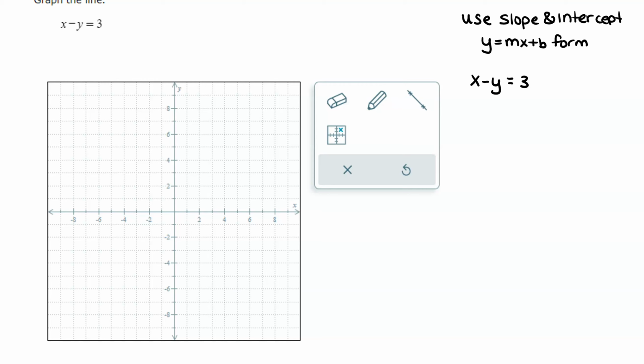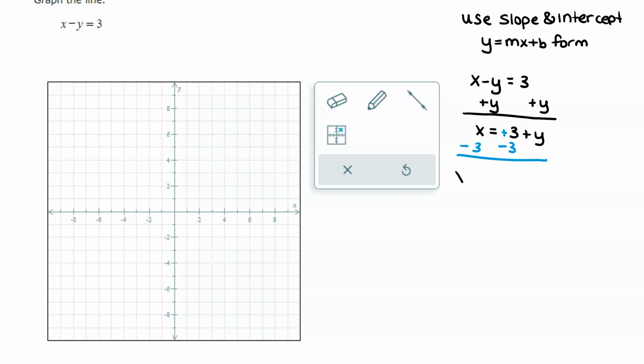Now what most people try to do here is move the x and keep the y on the left. And I don't really like that because the y has a minus with it. So I'm going to add the y over. So I have x equals 3 plus y, and then to get y alone, I have to subtract 3 because it's a positive 3.